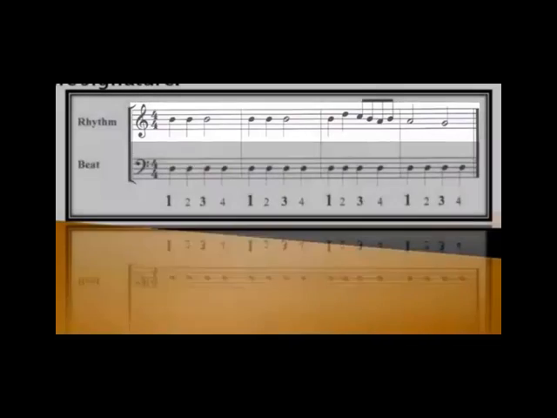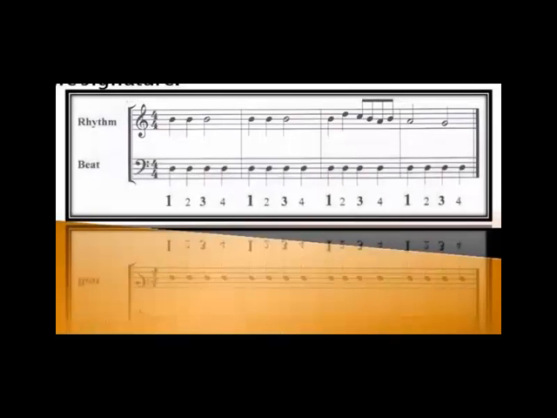In each measure, the rhythm must equal the correct number of beats as indicated by the time signature. So as long as you have the equivalent of 4 quarter notes in each measure, you can use any other combination of notes to make up the rhythm.